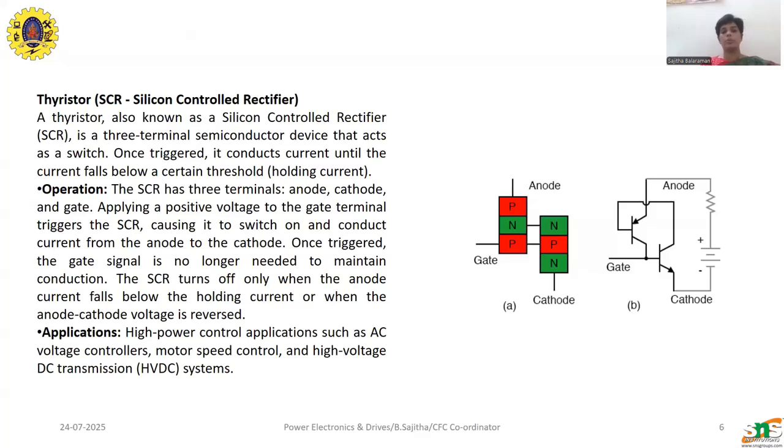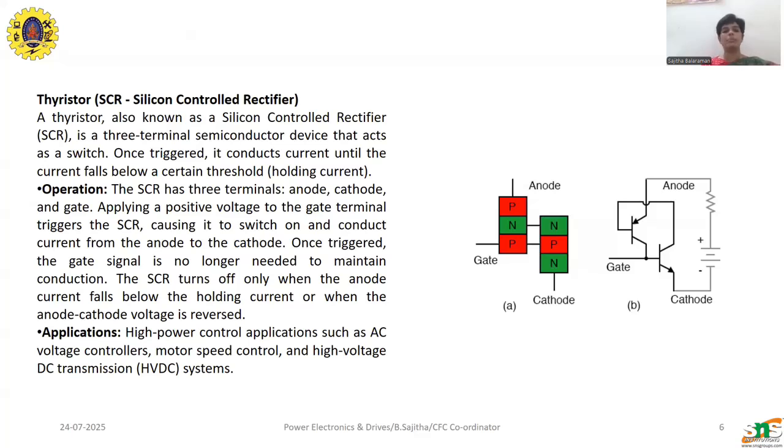Coming to the operation of the SCR. An SCR has three terminals, which we saw now, and on applying a positive voltage to the gate terminal, the SCR is triggered, and it switches on and conducts current from anode to cathode. Once triggered, the gate signal is no longer needed to maintain the conduction.